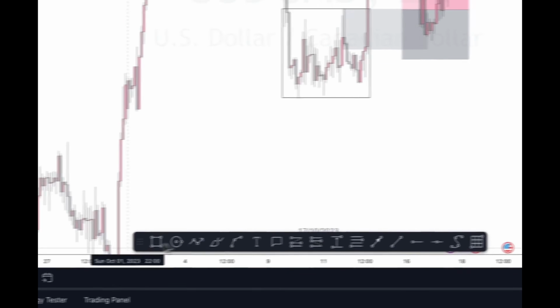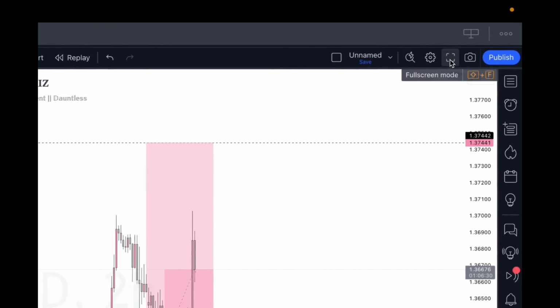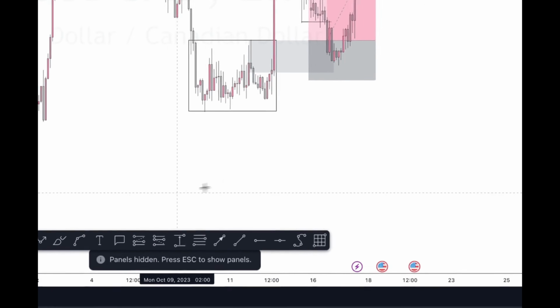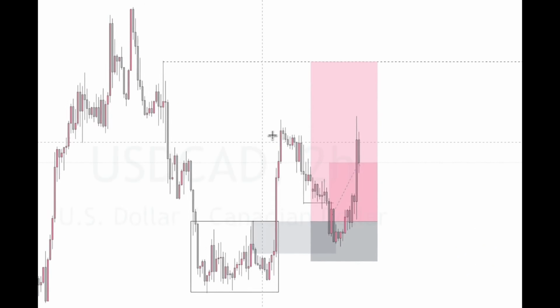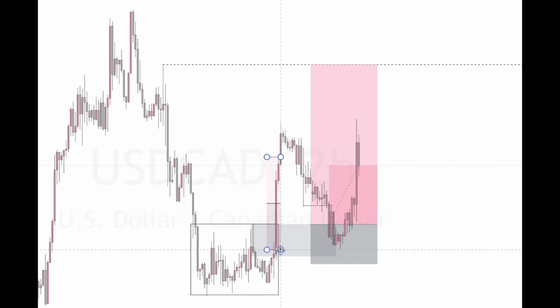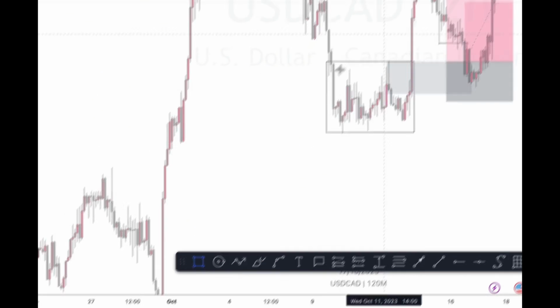Now, because this expansion actually happened here, guys, look at this expansion. Look at this impulse. Let me pick the other block, sorry.